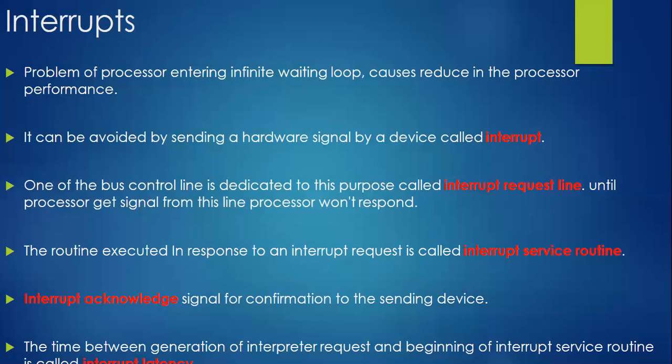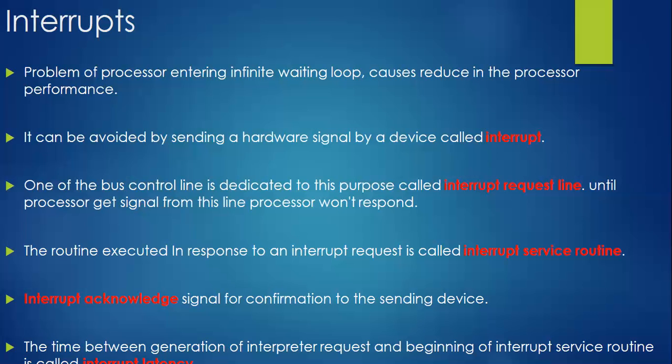Fine. So next point, second point. The entering of an infinite loop can be avoided by sending a hardware signal by a device called an interrupt. Whenever the device is available with some data, or the output device is ready to display the content, it can directly send an interrupt request to the processor.